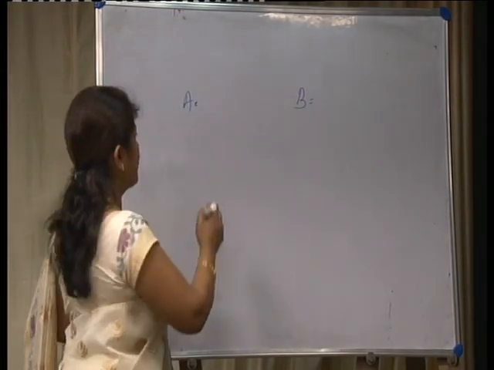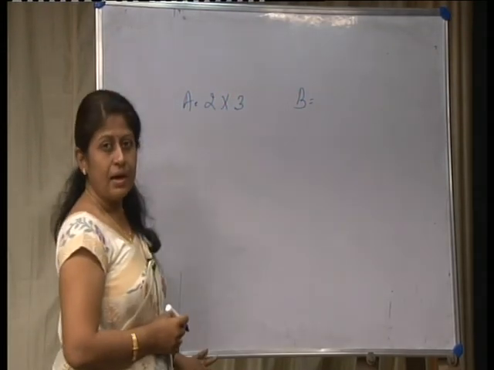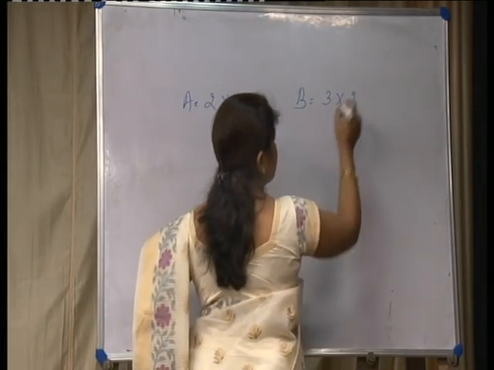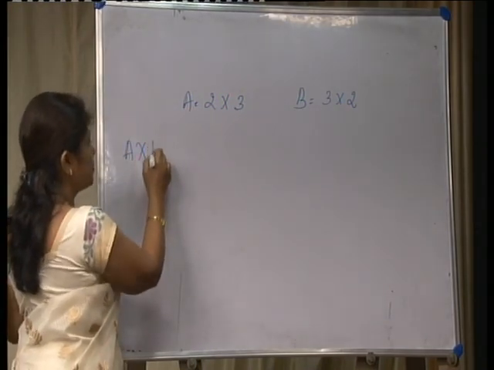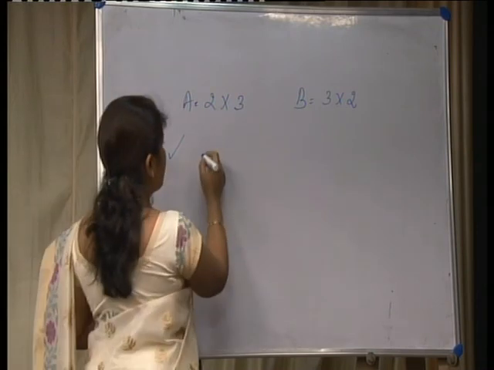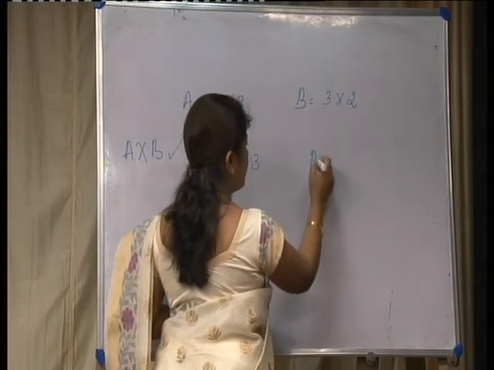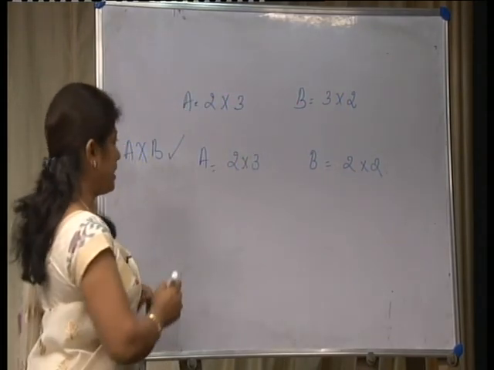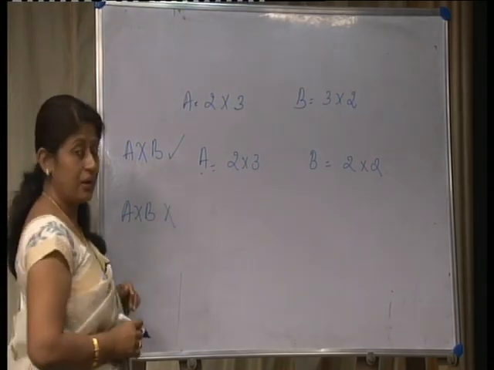In case we have matrix A of order 2 cross 3 and matrix B of order 3 cross 2, then the matrix multiplication A into B is possible. Otherwise, if A is 2 cross 3 and B is 2 cross 2, then the matrix multiplication A into B is not possible.